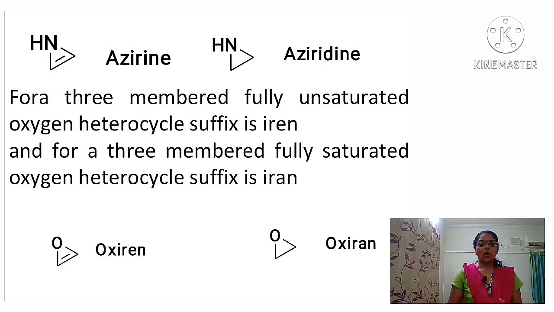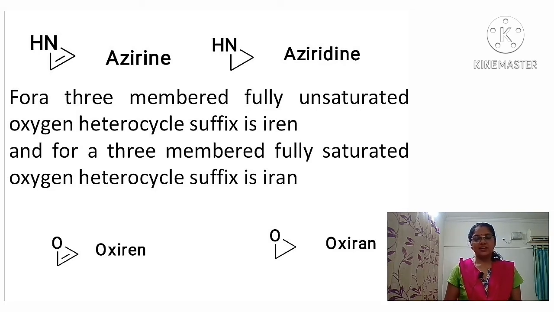Again, for a 3-membered oxygen heterocycle, the suffix is different. For a fully unsaturated 3-membered oxygen monoheterocycle, the suffix used is irene, that is IREN. For a saturated 3-membered oxygen monoheterocycle, with all single bonds, the suffix is irane. So the 3-membered unsaturated oxygen monoheterocycle is named oxirene, that is, oxa for the oxygen atom as the prefix and irene as the suffix.